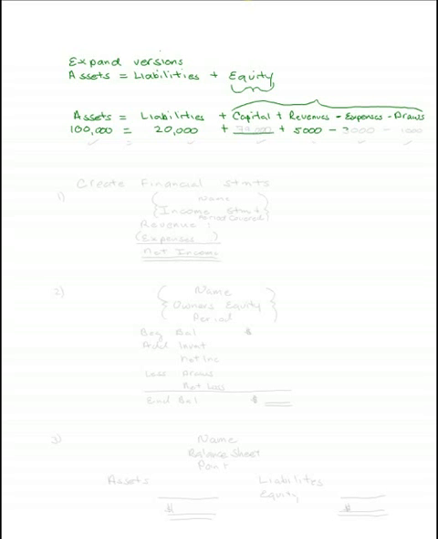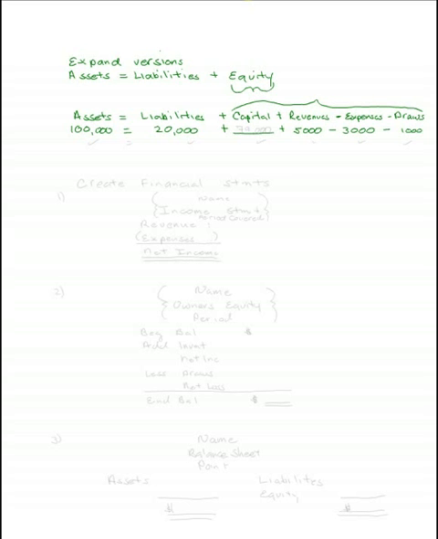Expenses consumed generating those revenues are $3,000, and the owner withdrew $1,000. Could you still come up with the balance of capital? We have liabilities, and you know that all of these must equal assets. Liabilities are $20,000. Revenues increase that to $25,000. Expenses decrease that to $22,000, and minus another one would be $21,000.